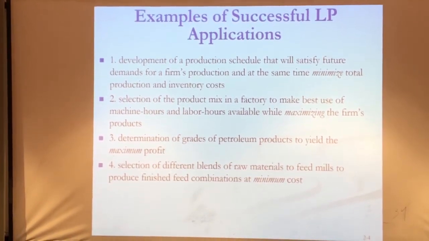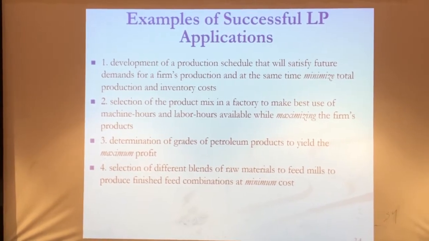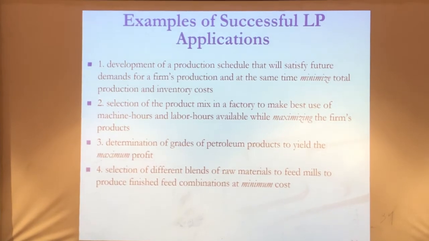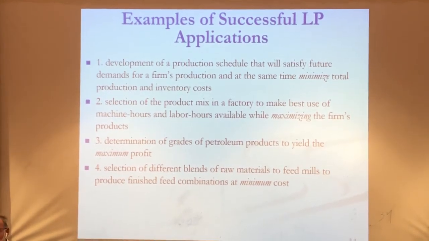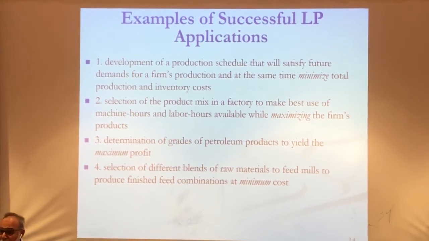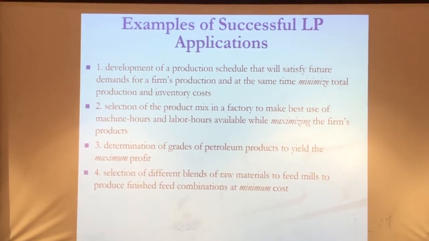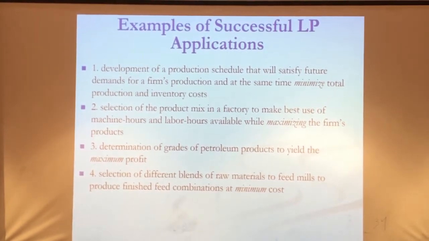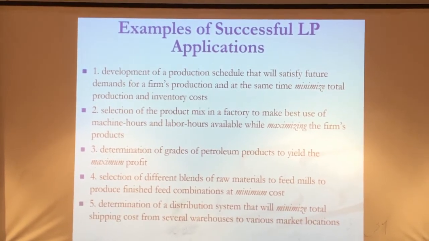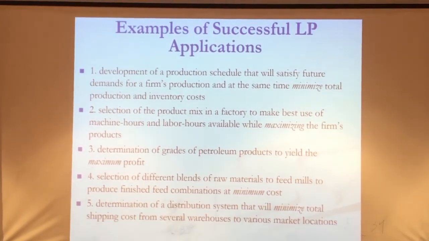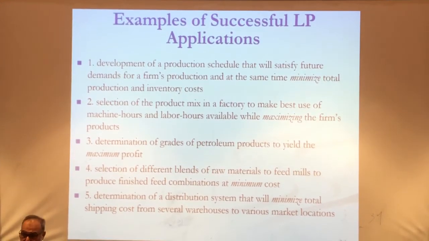Selection of different blends of raw materials to feed mills to produce a finished feed combination at minimum cost. We may have blending of cloths: cotton, polyester, wool, etc. How much to mix to minimize the cost. Determination of a distribution system that will minimize total shipping costs from several warehouses to various market locations.